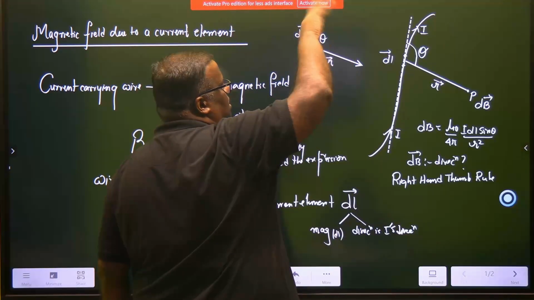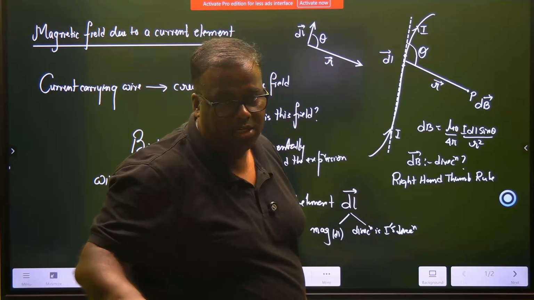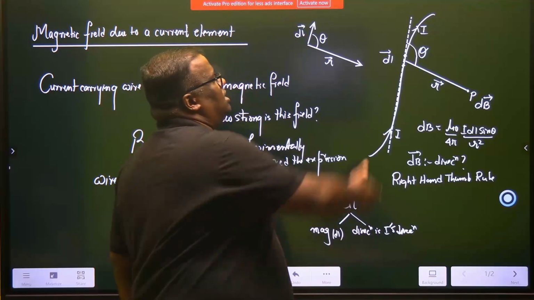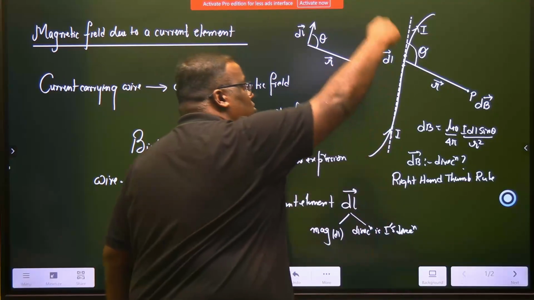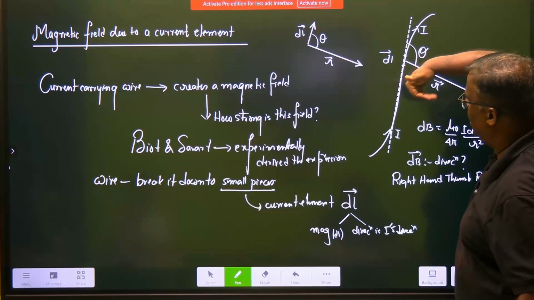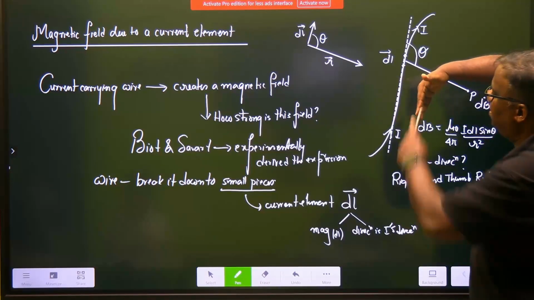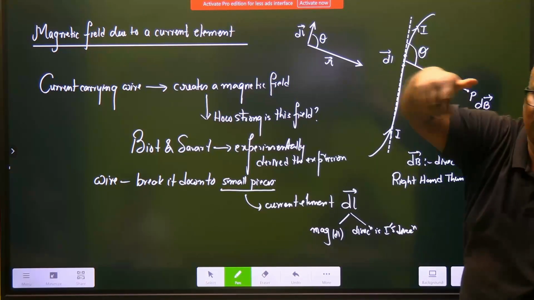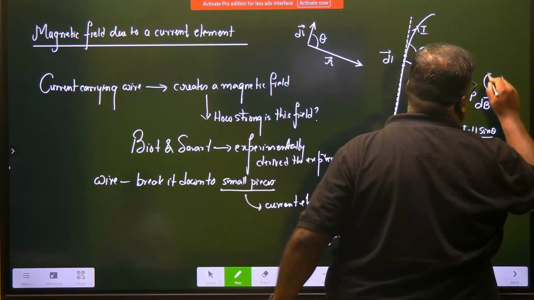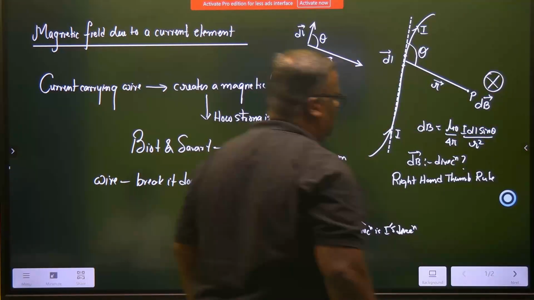Where is the thumb pointing? It is going inside. Got it? And dl is basically the current element. So if the current was going in this direction, then dl cross r, the thumb would have come outside. So for this particular diagram, I will show my symbol as this. This is the direction.